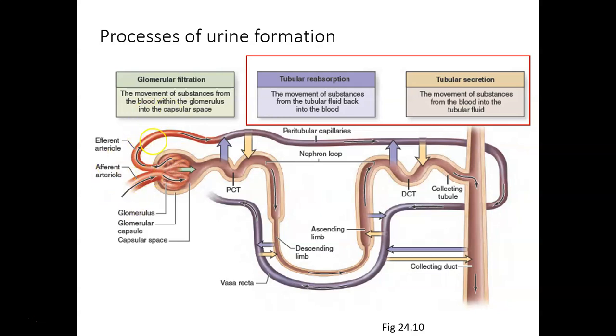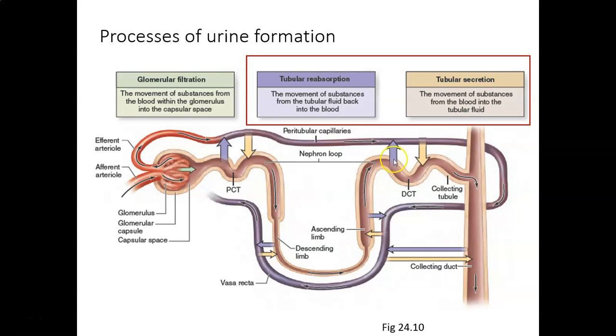The first one is glomerular filtration, where the filtrate forms in the capsule, and then as the filtrate flows through the tubules, the modification involved in this process is basically tubular reabsorption and tubular secretion.